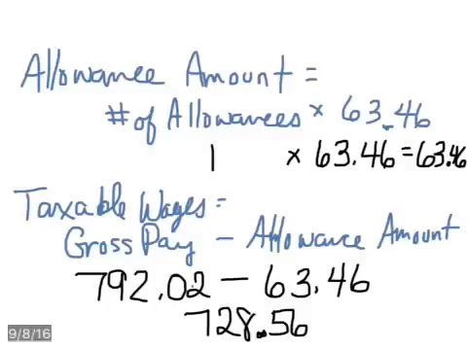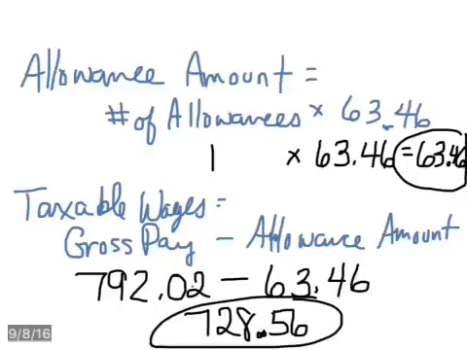That's what happens. Okay? So far, you have found the amount of allowance, that's Part A, and you found Part B. Part B was the taxable wage. Now we need to figure out the amount withheld for federal income tax. Here's the part that is going to be confusing, because now it comes to the chart.